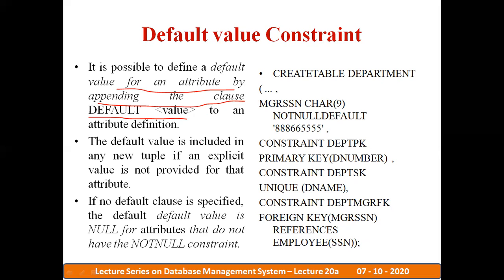The default value is included in any new tuple if an explicit value is not provided for that attribute. If no default clause is specified, the default value NULL is used for attributes that do not have the NOT NULL constraint. Okay. Let us see with an example.